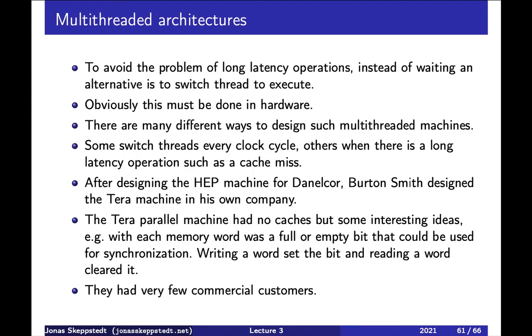So, if we now take a step back again and consider Burroughs' machine from 1962. It is essentially a modern machine, except that there are no cache memories. And cache memories complicate both the programming and the implementation of the hardware.